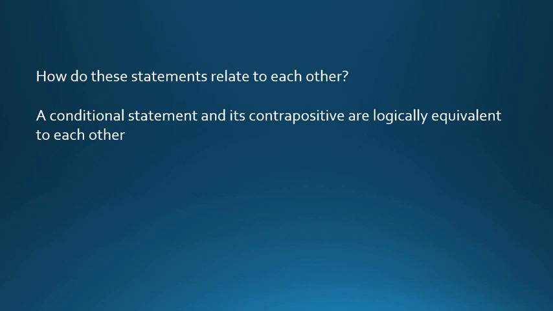I encourage you to verify this. Set up a truth table and check that P implies Q, as well as not Q implies not P, are logically equivalent. Check that you get the same truth values going down those two columns, no matter what combinations of truth values you have for P and Q individually.